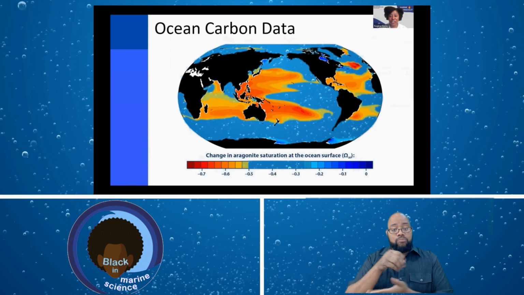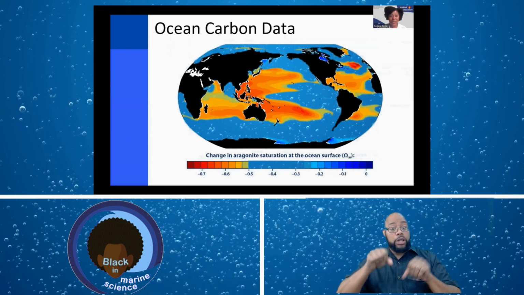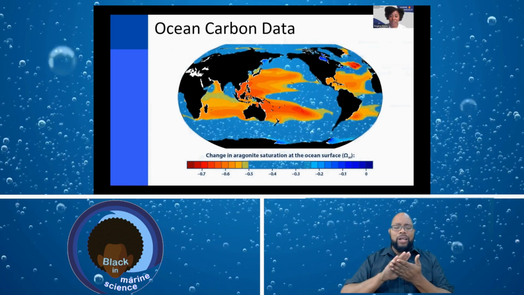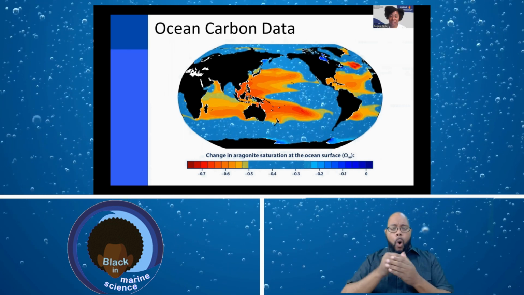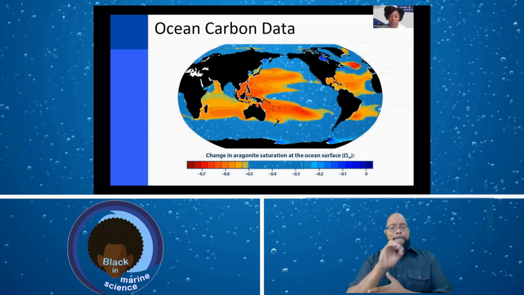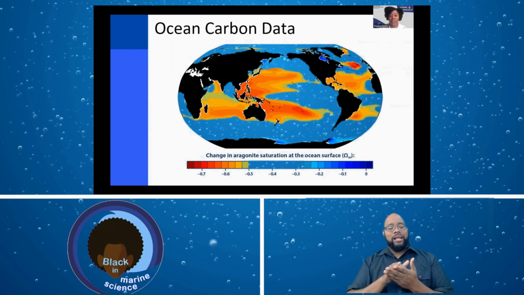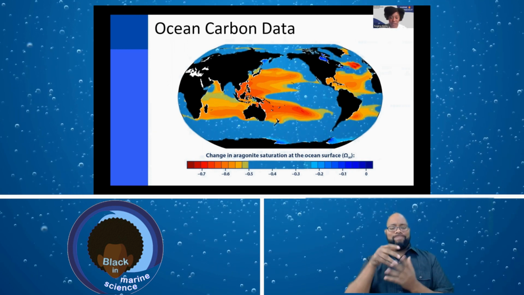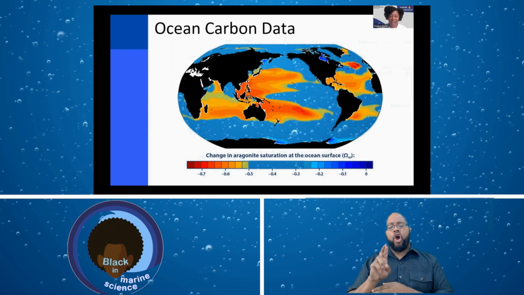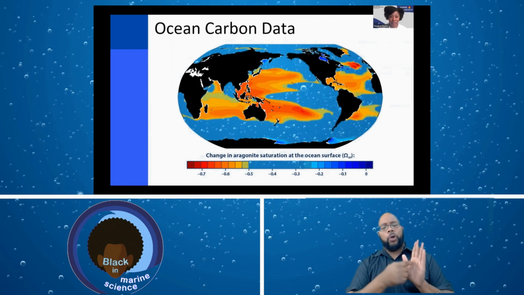When you have a collection of profiles and all of that data, you can produce these really nice global maps that give you a state of the entire ocean. This is just one map that is reflecting the aragonite saturation state. This is a form of calcium carbonate. Like, how is that actually changing over time?